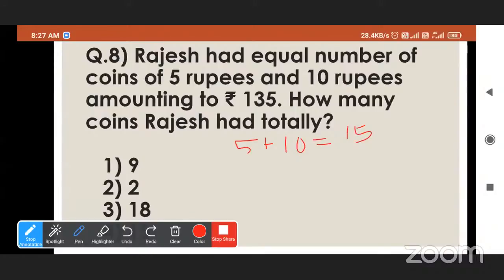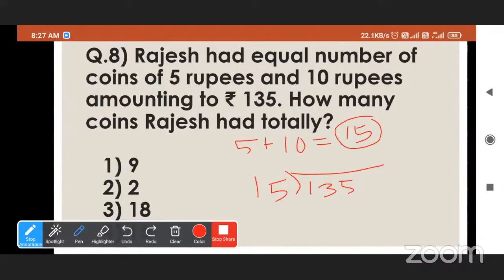So we consider this as a single coin of 15 rupees. Then we divide 135 by 15.